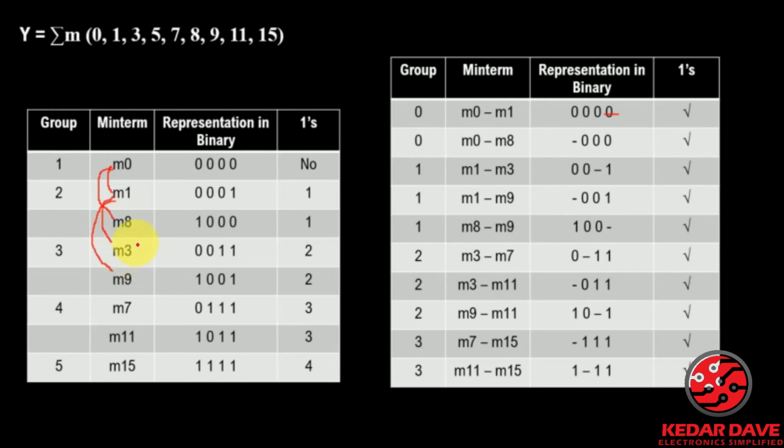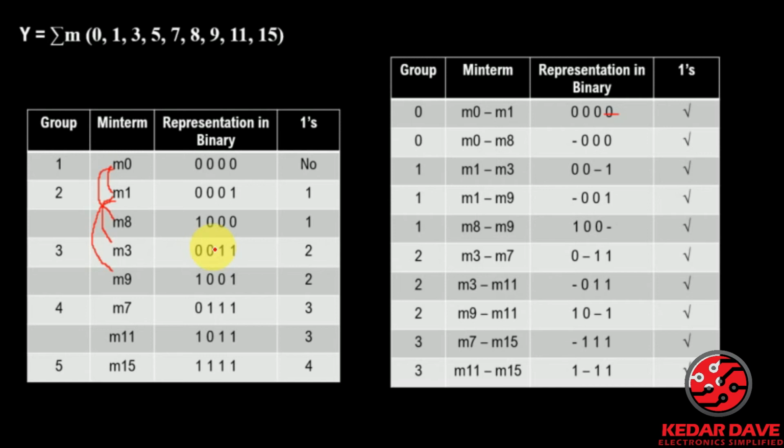But mind one thing: whenever you are eliminating these terms, you must remember that we only eliminate the terms that have a single change. If you check over here, only one digit is changing, not more than one digit. If more than one digit is changing, then it should not be eliminated.